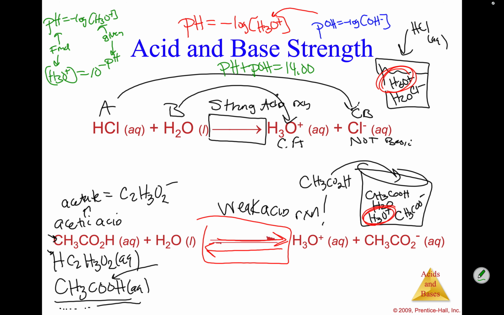Yes? Is the pH of negative log of hydronium the same as negative log of hydrogen? Yes. Hydronium and hydrogen, H+, we use them interchangeably. So pH is negative log of H3O+. I can be lazy and say pH equals negative log of H+. The only reason I ever write down H+ instead of H3O+ is because I'm being lazy. It's a shortcut.